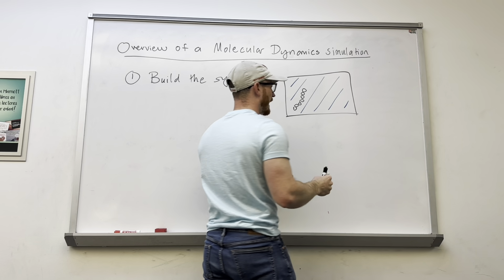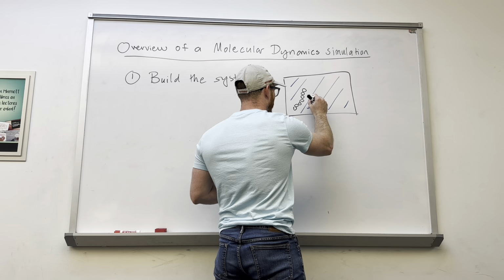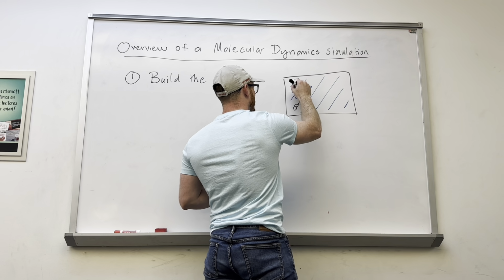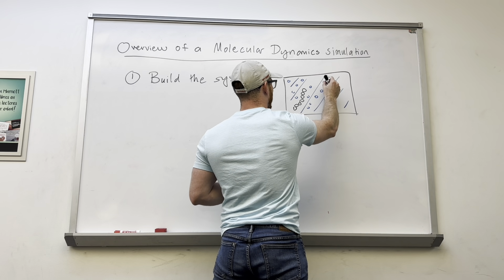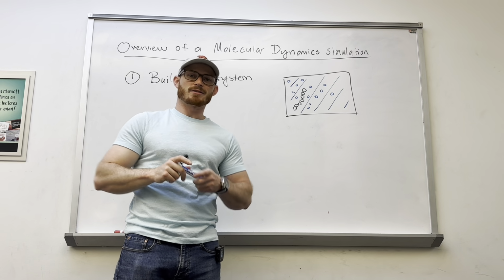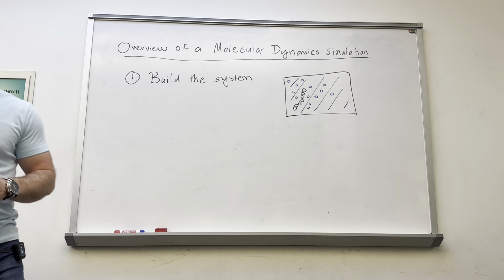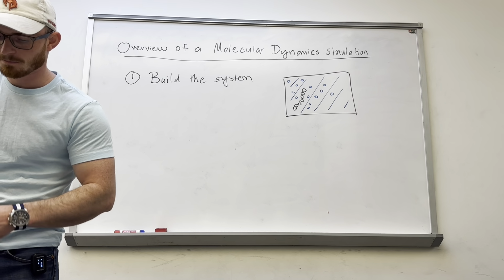Depending on how I'm modeling the water, I'm going to need to populate the box with little water molecules, this protein, and I have to do it in a way where the system makes sense and doesn't have too high of an energy to be calculated. That can be tricky, and there are a lot of packages that can help us with that.